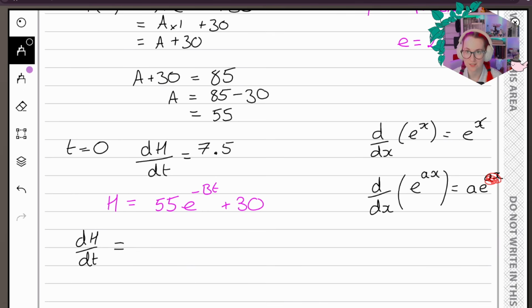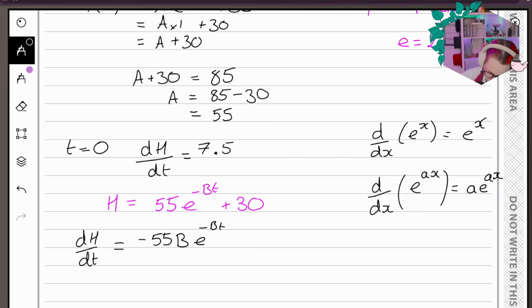This stays exactly the same. We're not subtracting one at all. We leave it alone. What that means here is we get minus 55b. So we take down the minus b in front of the t, e to the minus bt. And then the plus 30, the derivative of a number is 0, so that just goes away.